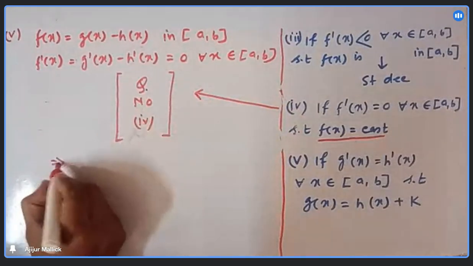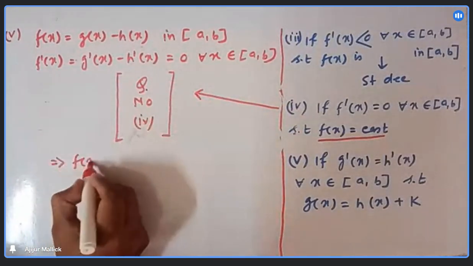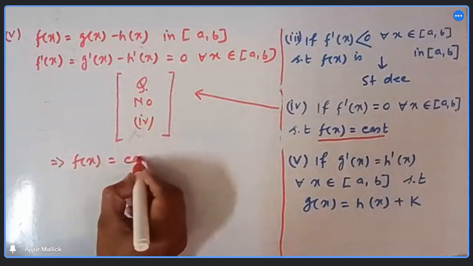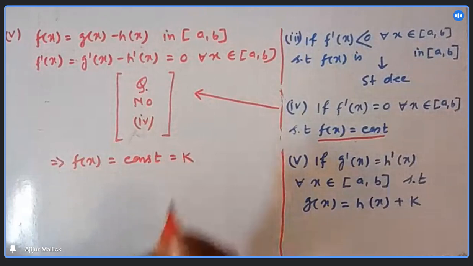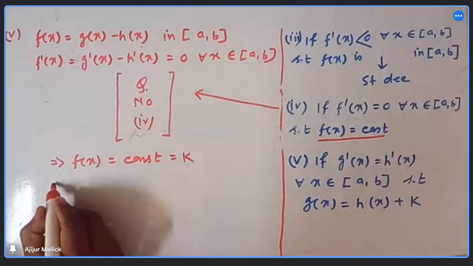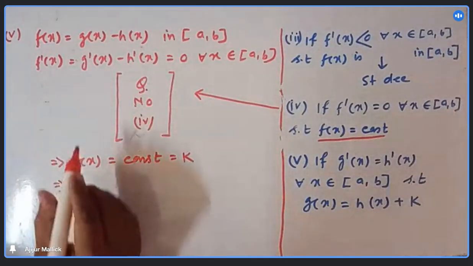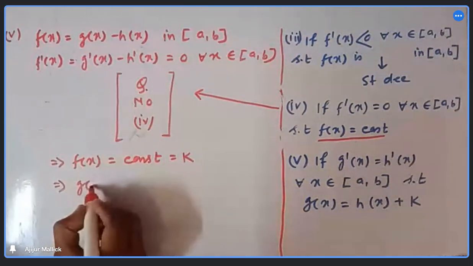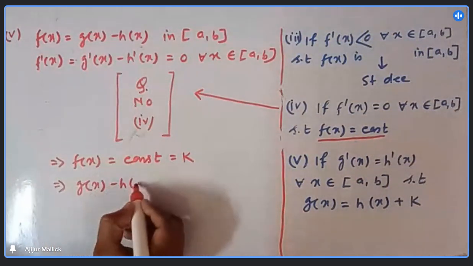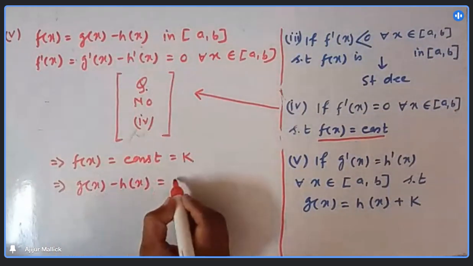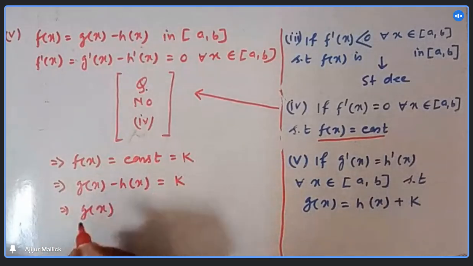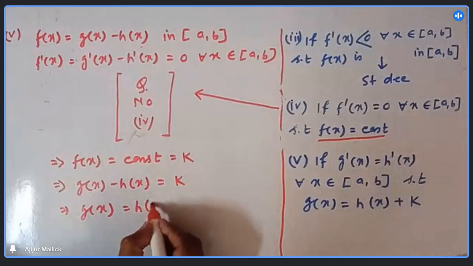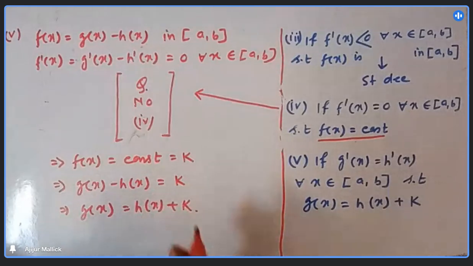So this implies f of x is equal to a constant, say k. Now f of x, that is g of x minus h of x, is equal to k. So this gives g of x is equal to h of x plus some constant k.